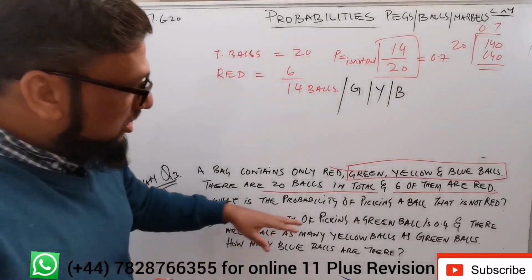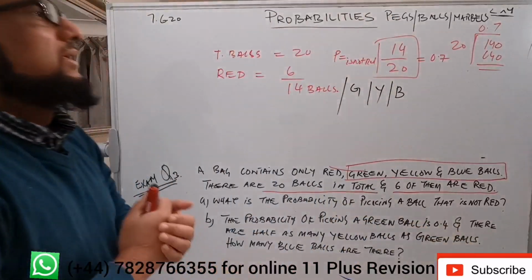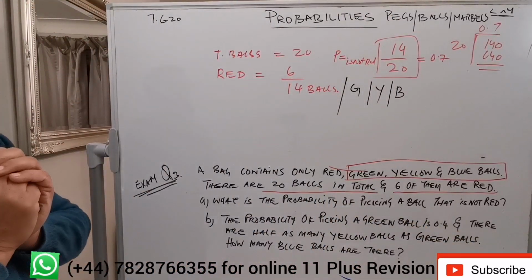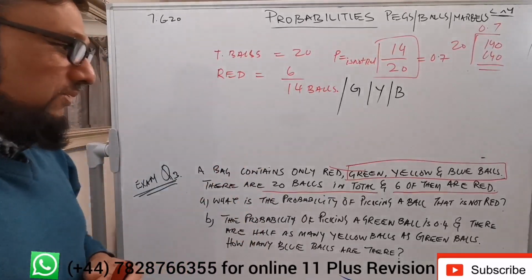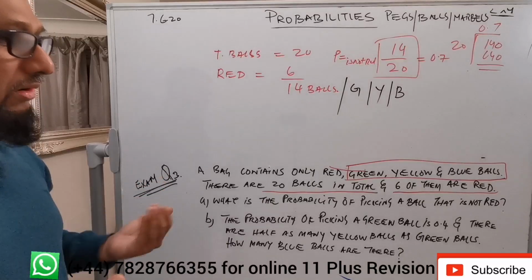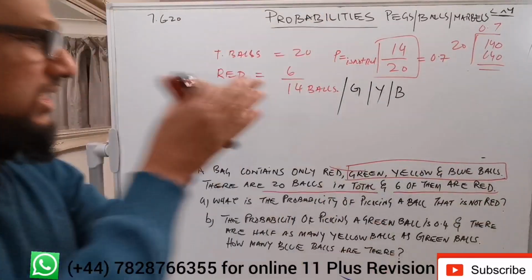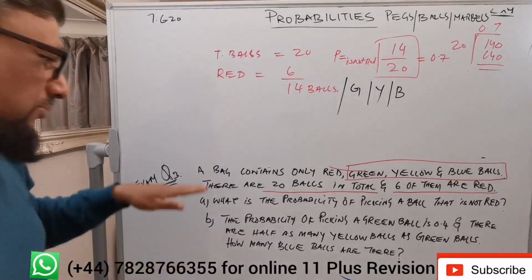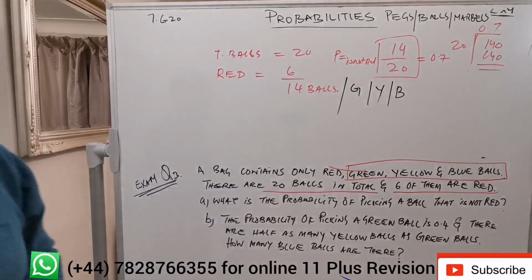The probability of picking a green ball is 0.4. Now what's happening, okay? They are not asking to find the probability of a green ball, because we don't know the number of green balls. They already gave in the exam that the probability of picking a green ball is 0.4.